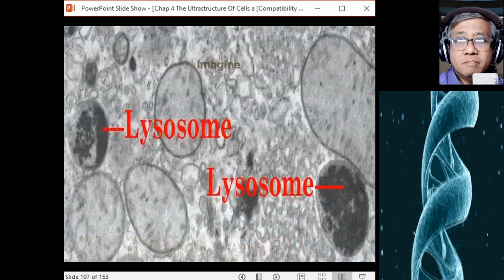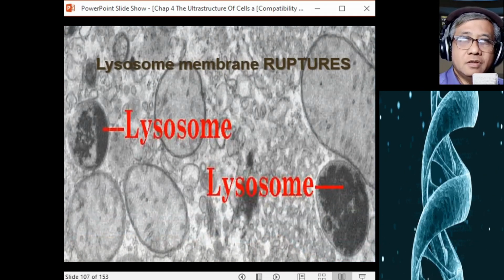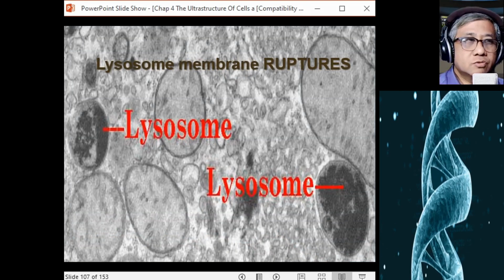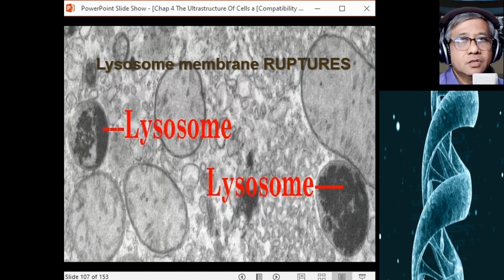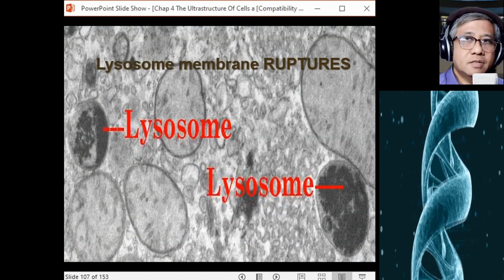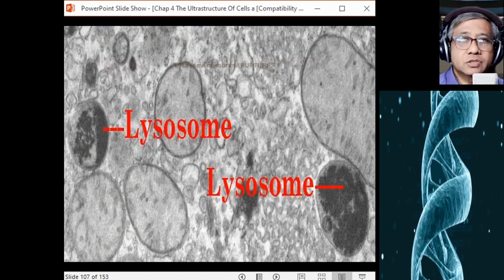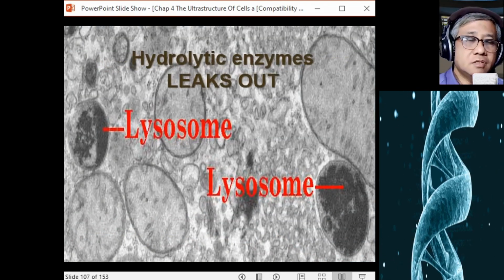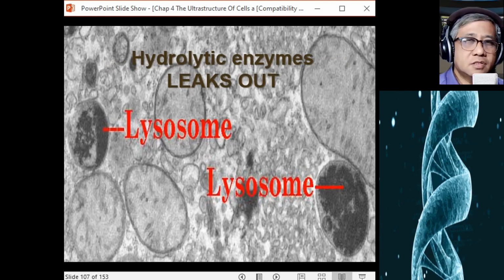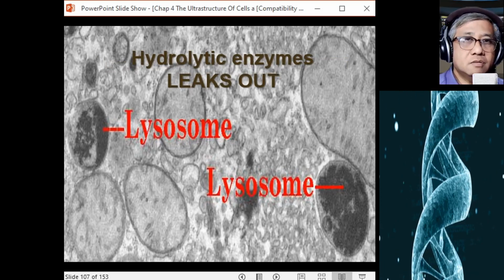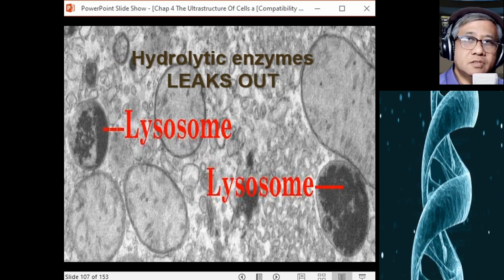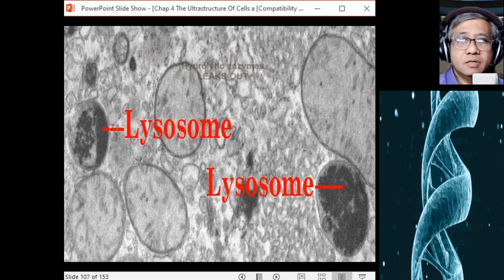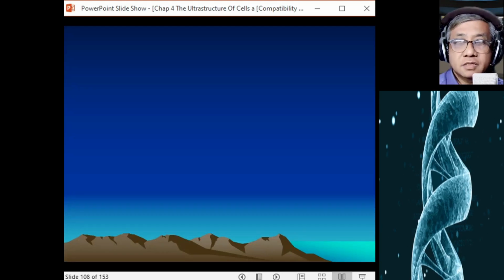Also, kindly imagine this. Imagine the membrane of the lysosome ruptures. So meaning nabutas yung membrane ng lysosome. So what do you think will happen? If the membrane ruptures, then the hydrolytic enzymes inside the lysosomes would leak out. No? Lalabas yung enzymes niyan. And if the enzymes leak out, then basically it will eat up the cell.